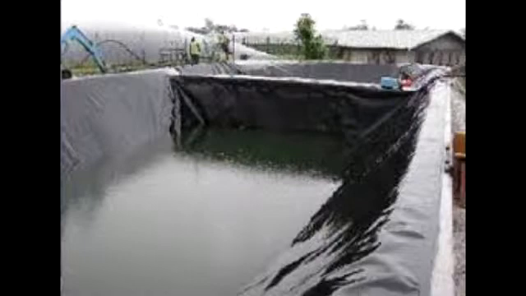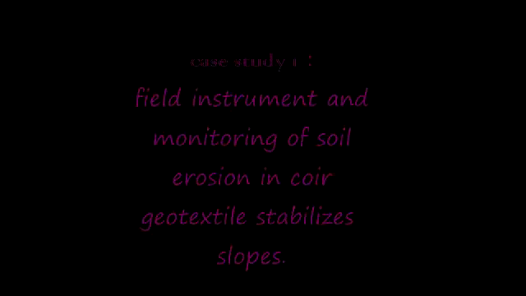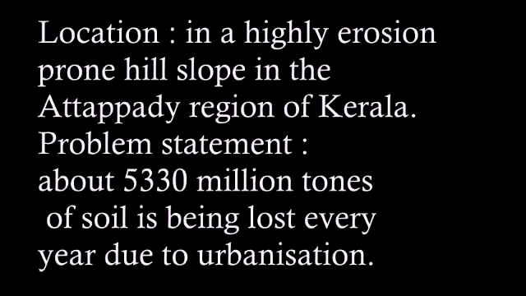floors or roof. Case study 1 is about the field instrumentation and monitoring of soil erosion in coir geotextile stabilized slopes. This highly erosion-prone hill slope is located in the Attapadi region of Kerala.